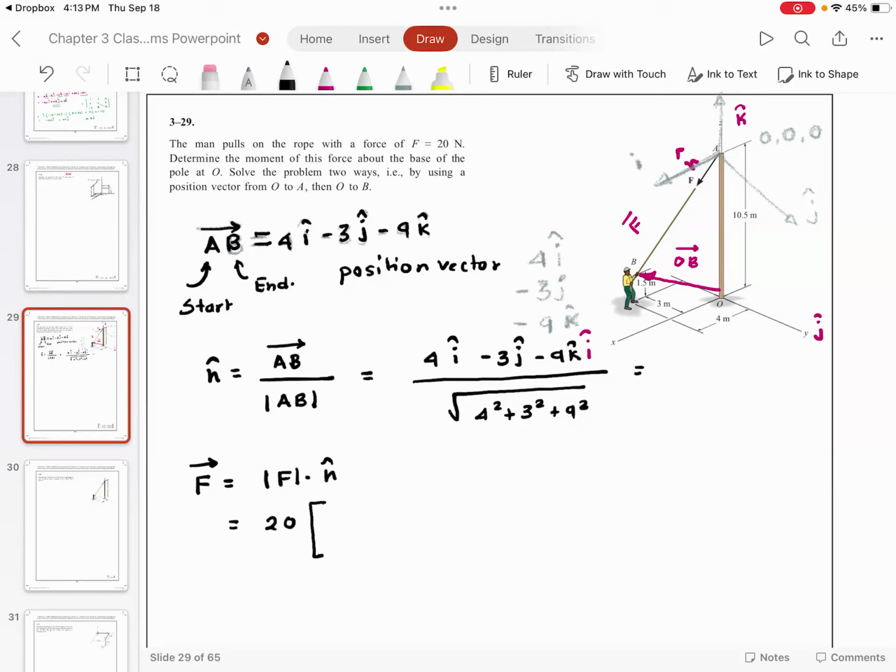It is this: 4i minus 3j minus 9k, divided by the square root of 16 plus 9 plus 81, which is the square root of 106.